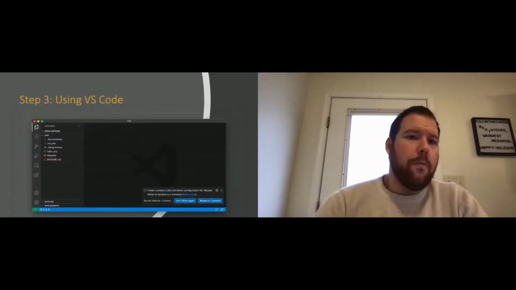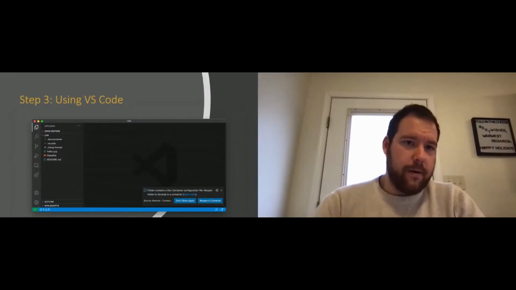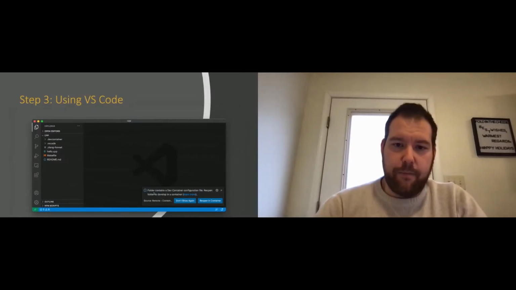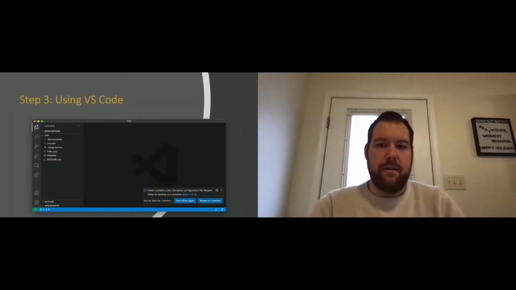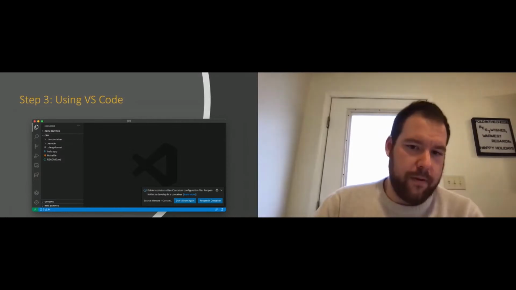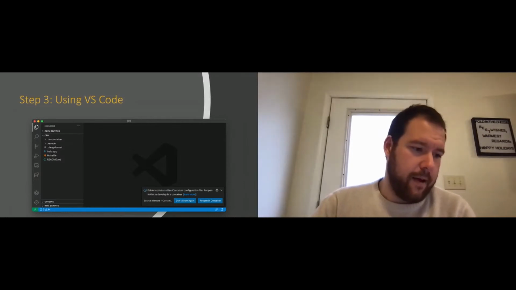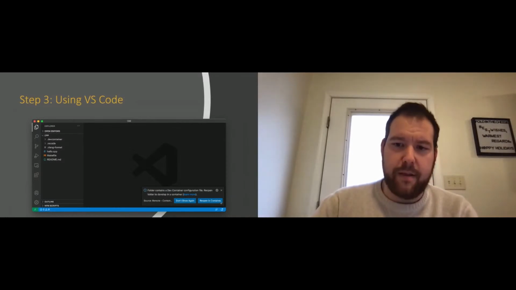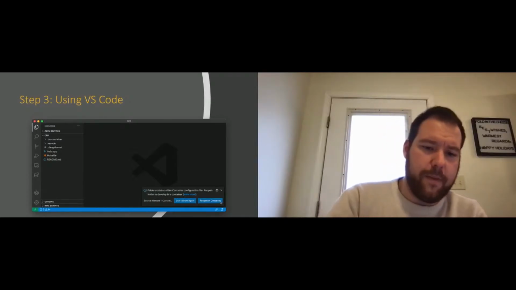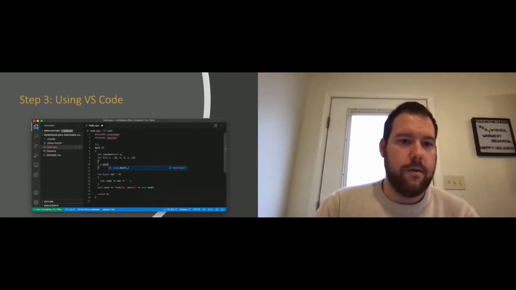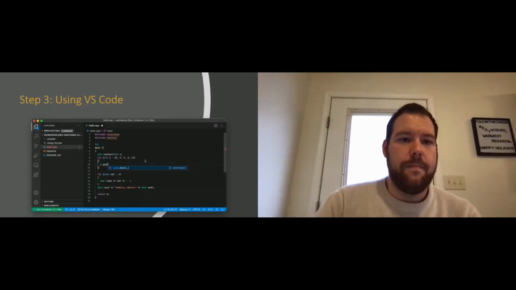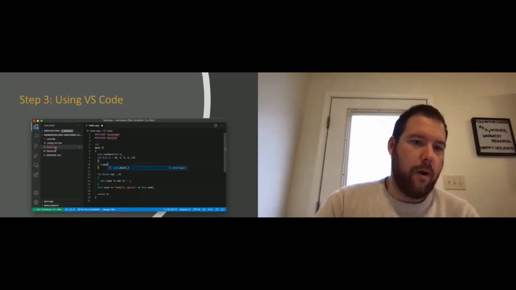So when you open up this folder in VSCode, once you have the extension installed, it will actually prompt you. It'll say, hey, this folder contains a dev container configuration file. Reopen the folder to develop in a container. And so you just have to click this reopen in container button, and then you'll be dropped into this development environment where all the files exist locally.